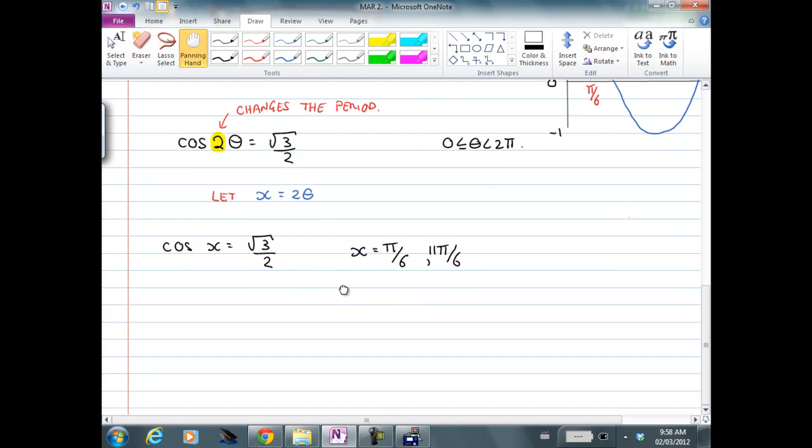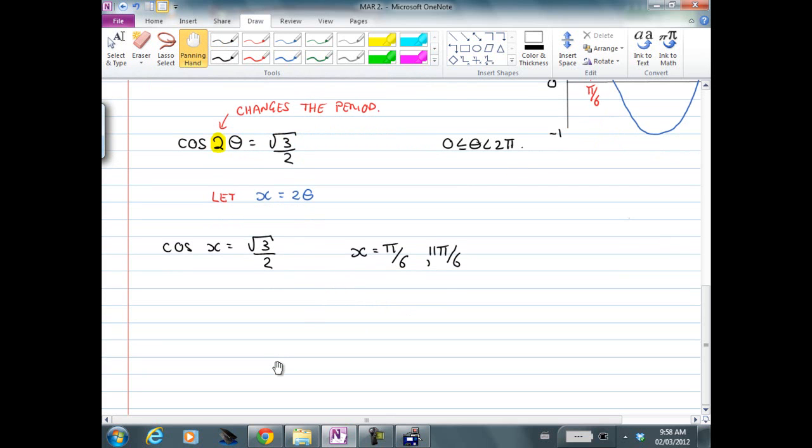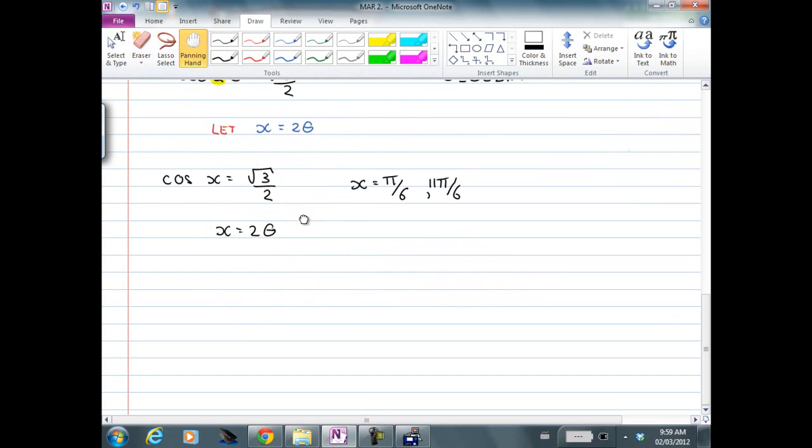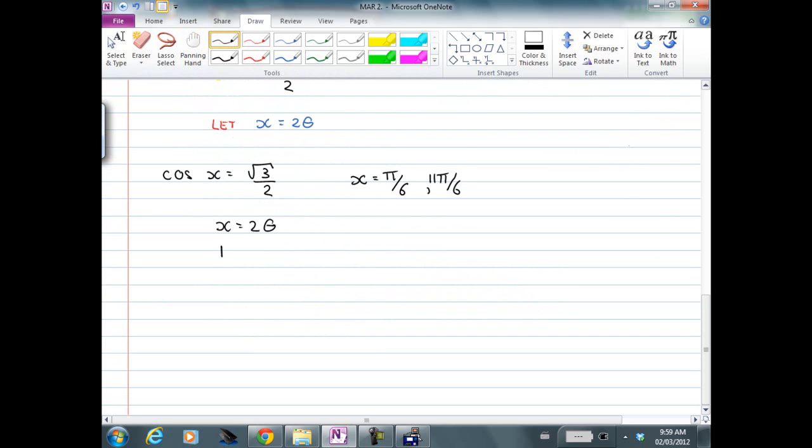But the thing is, I'm not looking for x. I'm looking for theta. So guess what you have to do with these values now? Substitute back into here. Because we know what x is, we're going to say x equals 2 theta. I'm going to rewrite exactly what I wrote before. I know what x is from my previous work. So pi by 6 equals 2 theta. Now solve for theta, because my goal was to find theta originally.